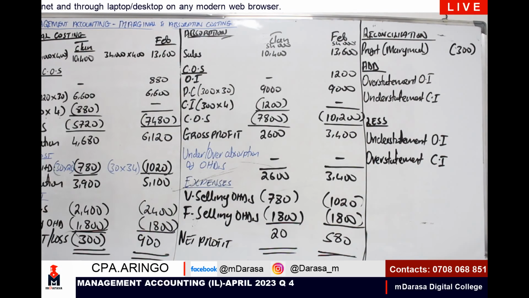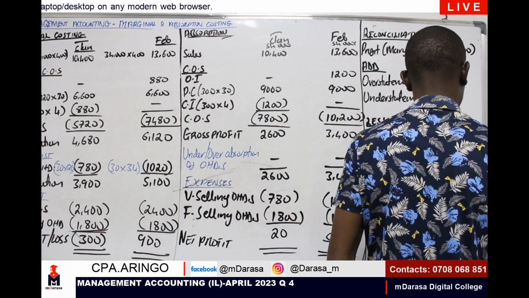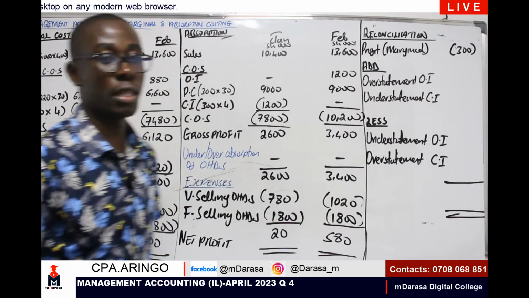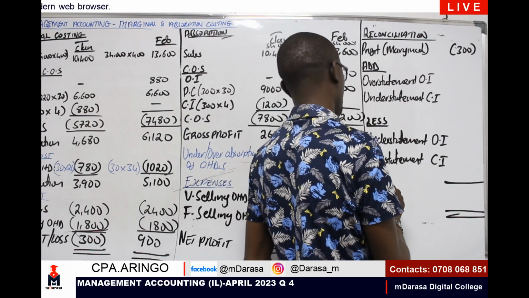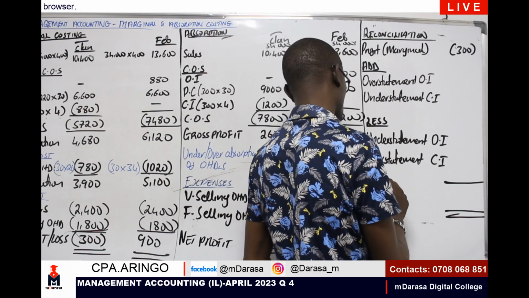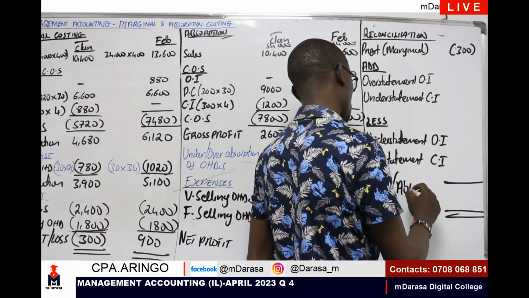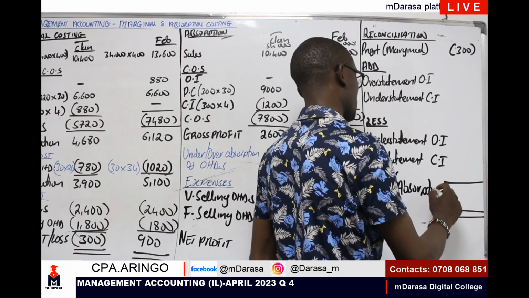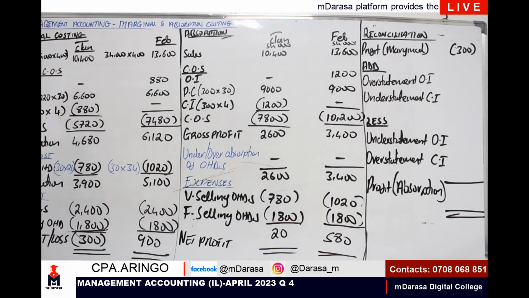So this gives us the format of our reconciliation, which should give us our profit as per absorption costing.